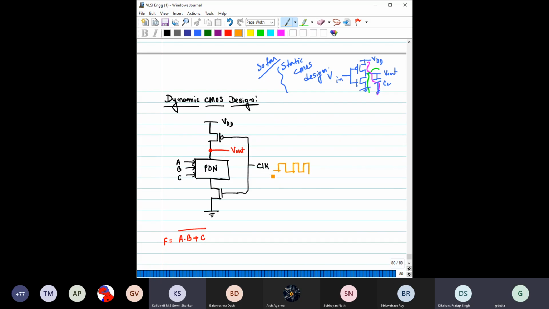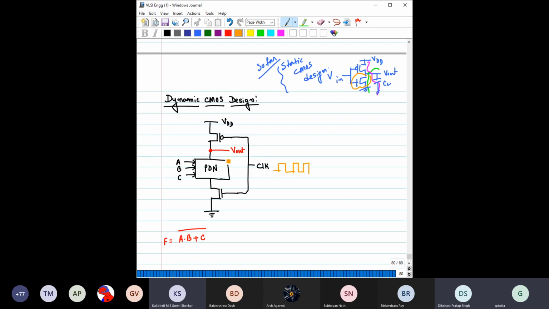In between this PMOS and NMOS, we have the pull-down network. If you want to make an inverter, the pull-down network is only this. If you want to make a NAND gate, you know what the pull-down network should be. If you want to make a NOR gate, you know what it should be.